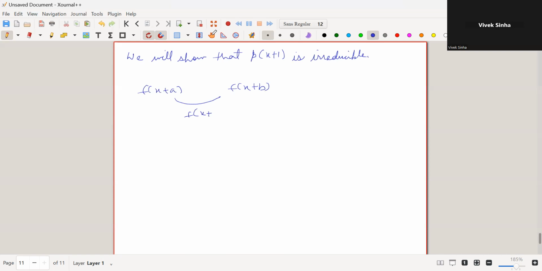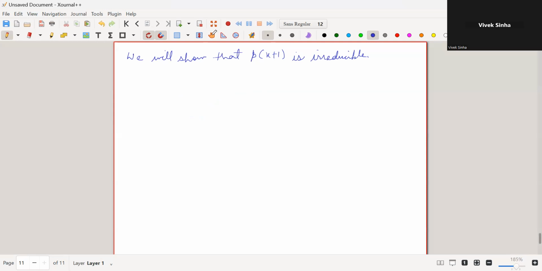So you can just write x plus b minus a, and you have a, so that is x plus b. So if it works for one a, then it will work for all b. Similarly, if it fails for one b, it will fail for all a. That's why the choice of a is in your hand. You just need to check for one a the reducibility or irreducibility, and then it will work for everything.